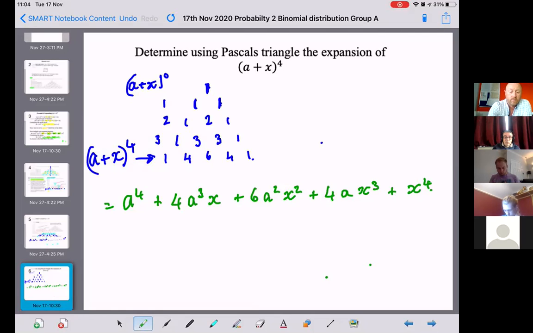So that's how you build the binomial expansion from Pascal's triangle.